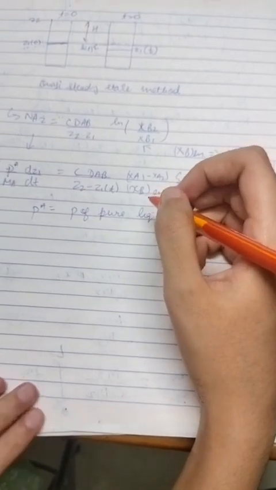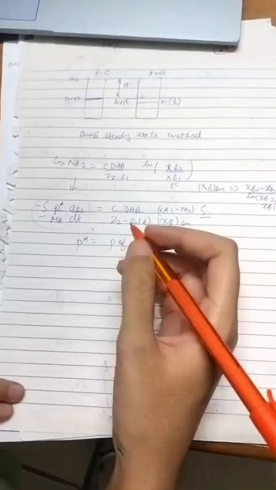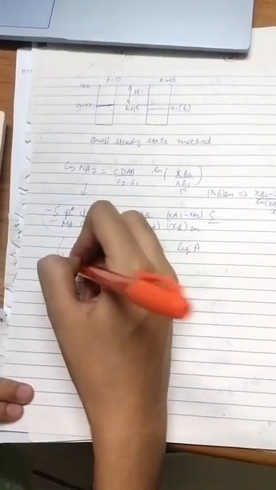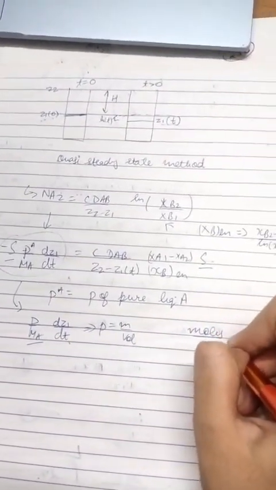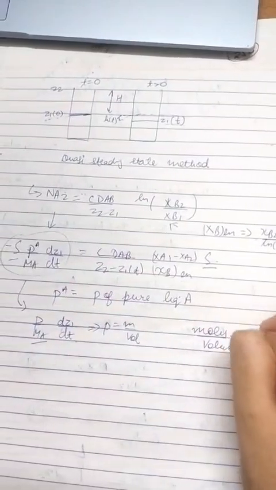So how we obtain this equation is basically, this part is rho by MA dz1 by dt. So we know that density is mass upon volume. So mass upon molar mass becomes moles upon volume, and dz by dt we know is velocity.